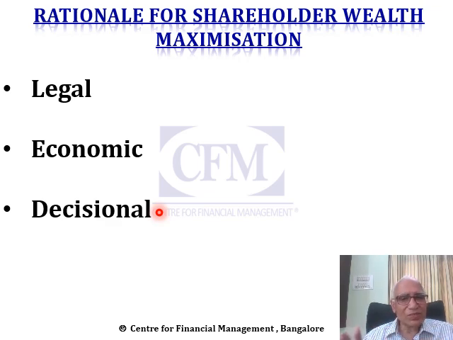But if a firm is saddled with multiple objectives, management may be conflicted in many ways. From a decisional point of view, it is far more efficient to pursue a single objective, subject to various constraints, of course. So there is a powerful logic to shareholder wealth maximization emanating from three areas: legal, economic, and decisional.